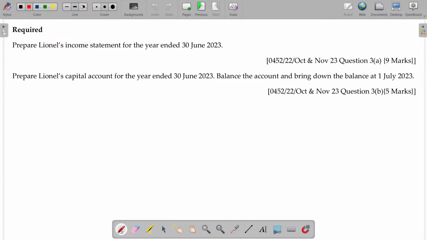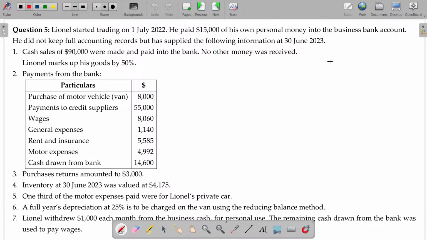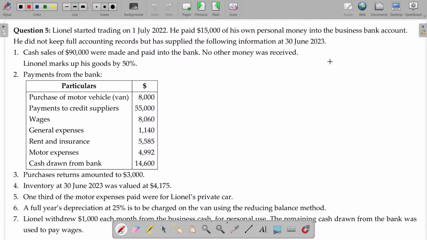From this question number 5, what we have to do? We have to prepare income statement and capital account. While preparing the capital account, you balance this and bring down the balance down. Okay. So income statement and capital account only. Clear?